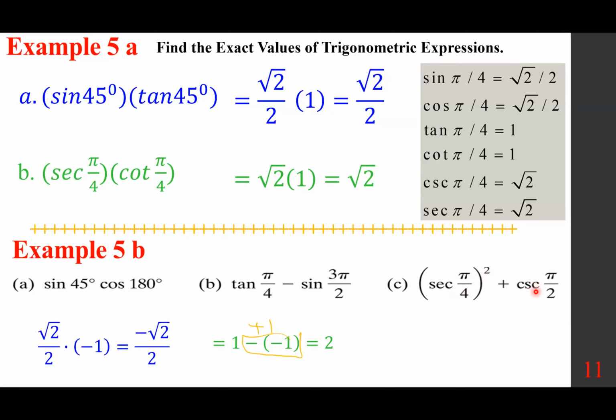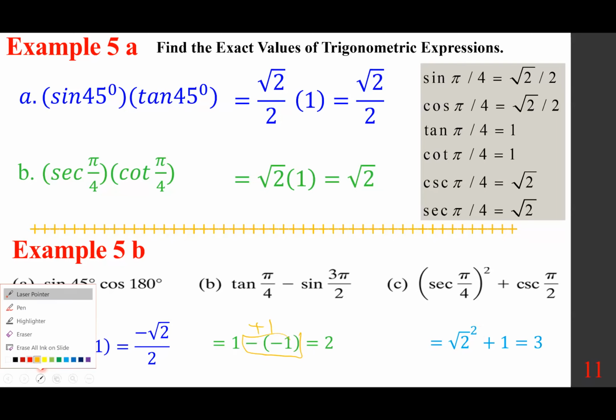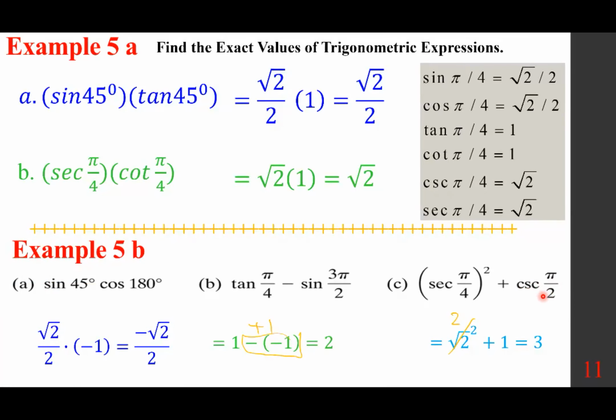This is 1. By the way, you may not remember cosecant pi over 2. Just remember cosecant is 1 over sine, and you should know sine is 1. So the reciprocal of that is also 1. And they add up to 2 plus 1 equals 3.